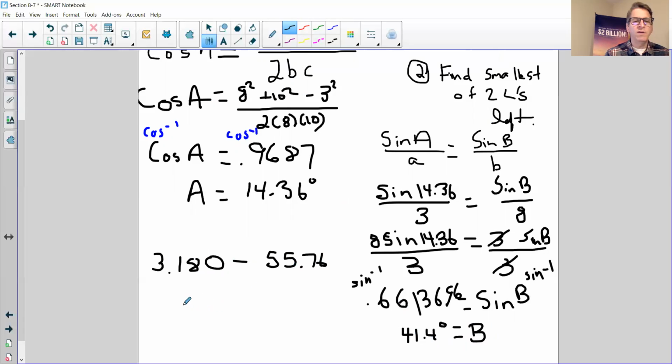And that puts the measure of angle C at 124.24. Law of cosines, find that smallest angle first. Using the law of sines, find the second smallest angle, and then adding those two angles, subtract from 180, you get your last angle. And that's example 4.